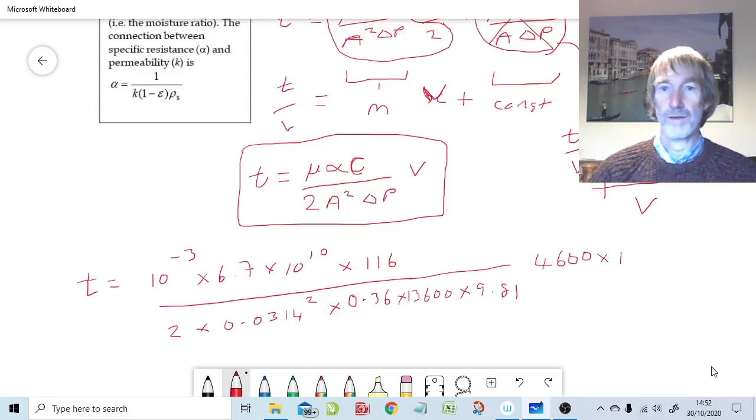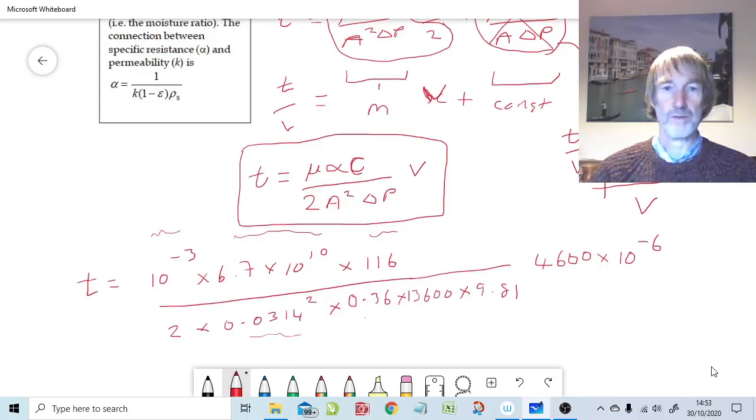Times 10 to the minus 6, because we're 100 times 100 times 100, because we really want the answer in meters cubed. Finally, that's the time taken then. So because what we have here is viscosity, specific resistance, dry cake mass per unit volume of filtrate, 2 times the area.